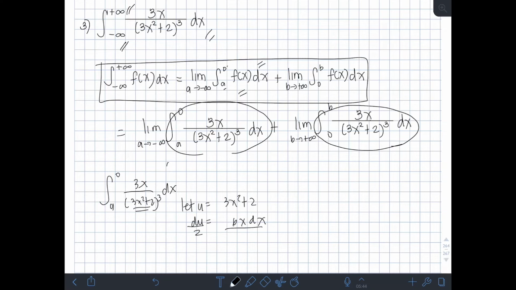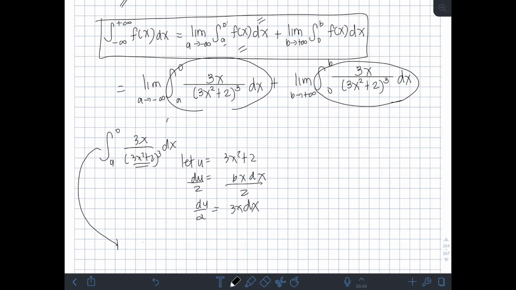Dividing both sides by 2, we have du over 2 equals 6x dx over 2, which is 3x dx. So, when we substitute, the integral of 3x dx is equal to du over 2.